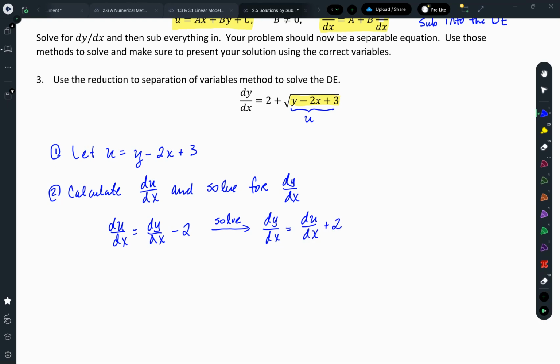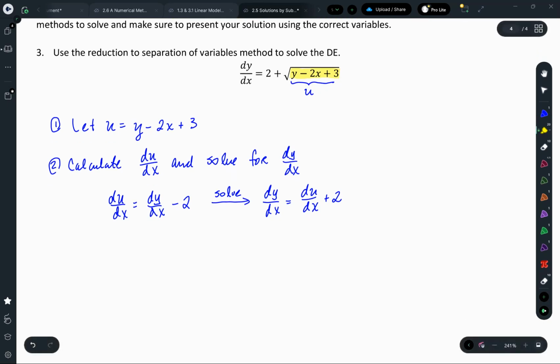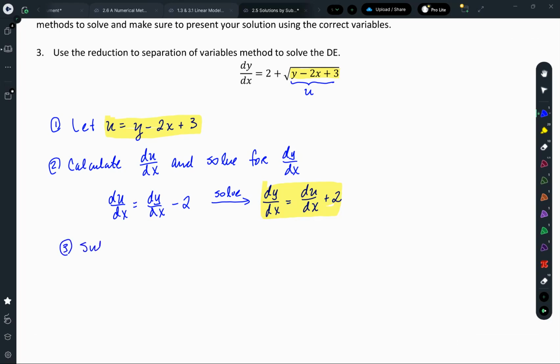So we have our perfect substitutions that we can put in. We'll replace the y minus 2x plus 3 with a u, and we'll replace dy dx with du dx plus 2. All right, so let's substitute everything into the DE: du dx plus 2 equals 2 plus the square root of u.